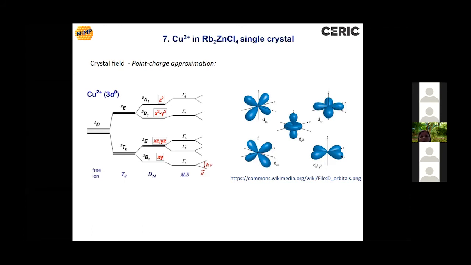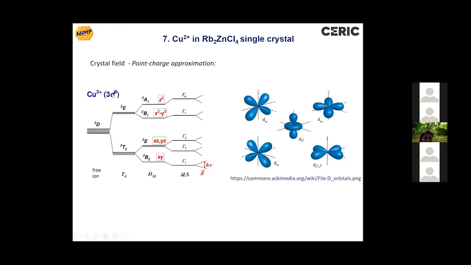So the zinc 2+ site has tetrahedral symmetry, and we look at the effect of the crystal field on the energy levels of the 3d9 system.